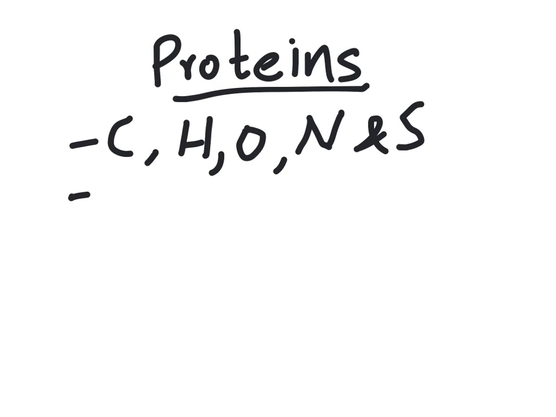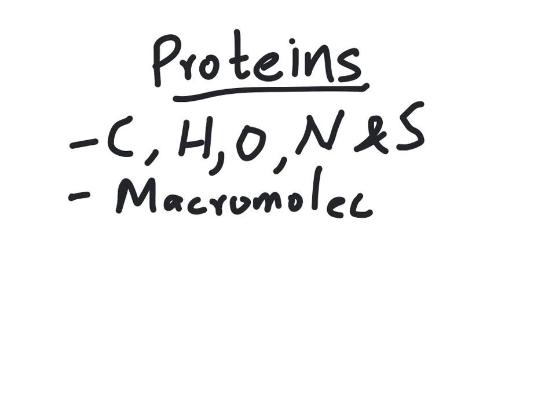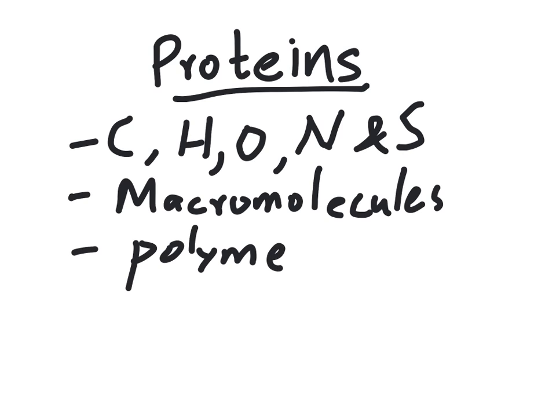Okay, and proteins are macromolecules. So what does macromolecule mean? Macromolecules are molecules which have high molecular weights. And they are also polymers. So when we say polymer, they are made up of monomers.